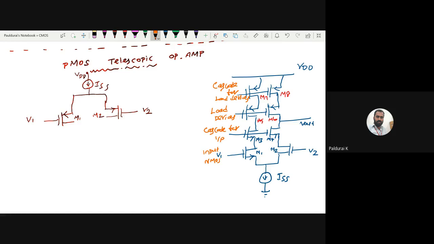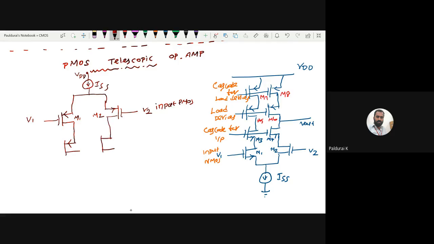Similarly, can you sketch? This time I'm using this color, input PMOS. So you want to sketch the cascode for this input PMOS, right? Let me sketch like this.